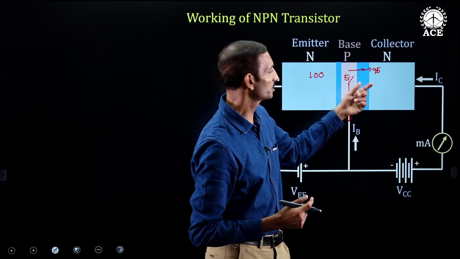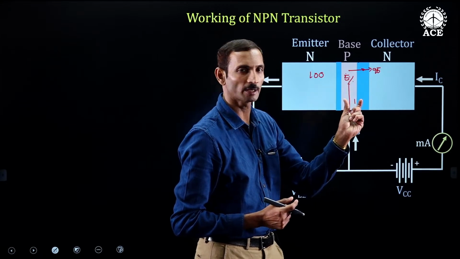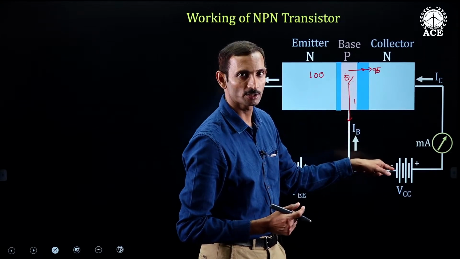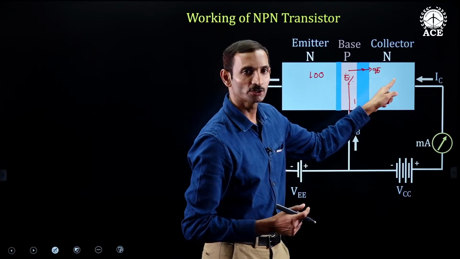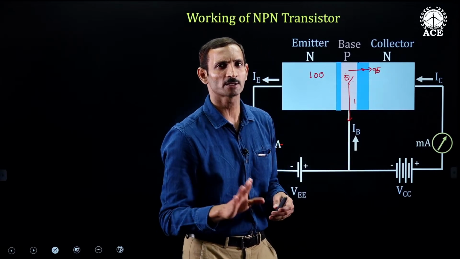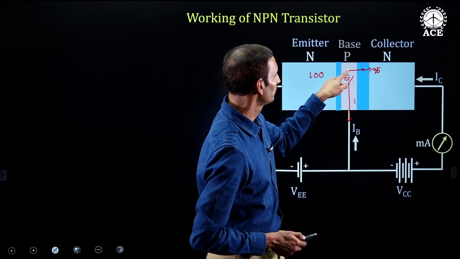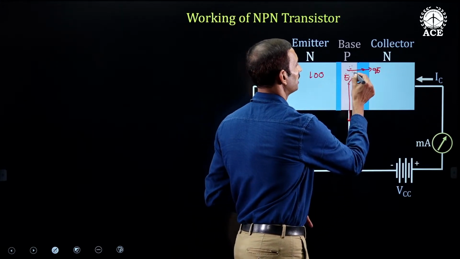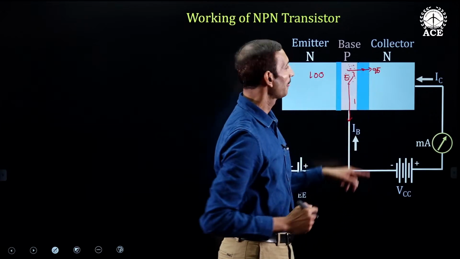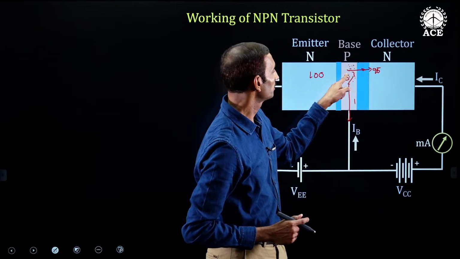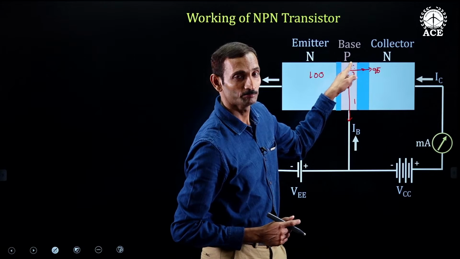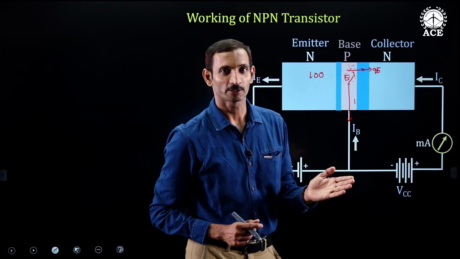This junction is much thicker because of the reverse bias. Even then, we know during reverse bias the charge carriers cannot cross the junction, but here 95 electrons would be there. These electrons are in the p region, which are minority carriers.